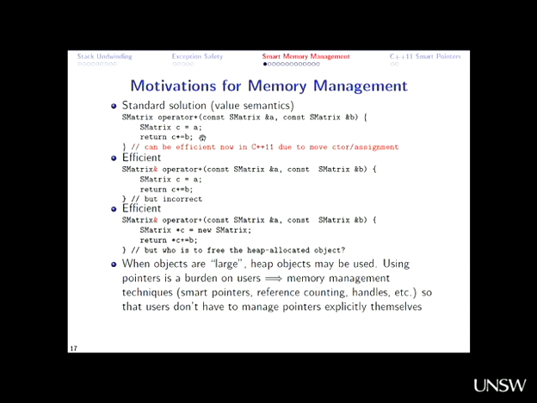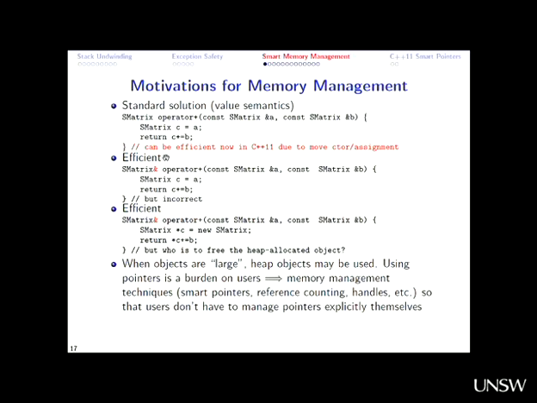This was the slide for how to do plus operators from about 2 weeks ago. And this is efficient in C++11 due to move constructors and move assignments. But you're doing a copy there, or in C++11 a move assignment. So there's quite a bit going on.